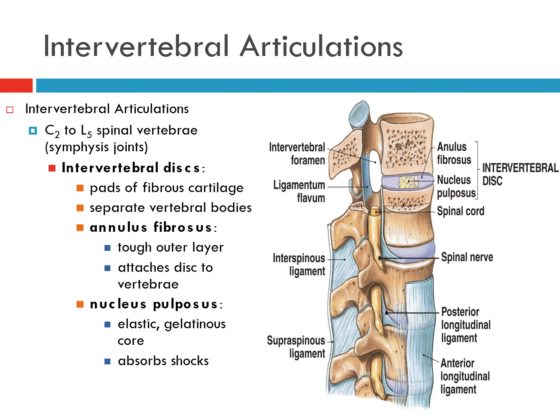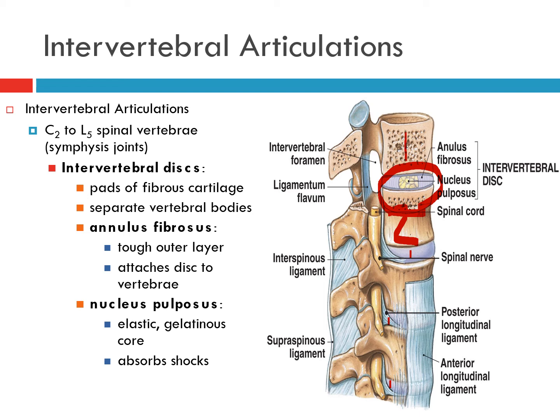So here's a pretty picture for us. We're going to talk a little bit about the discs here. You can see here's one vertebra, here's another vertebra, and this is the disc in between. And it's like that between every single vertebra from C2 to L5. The discs are fibrocartilaginous pads. They are made up of two layers.